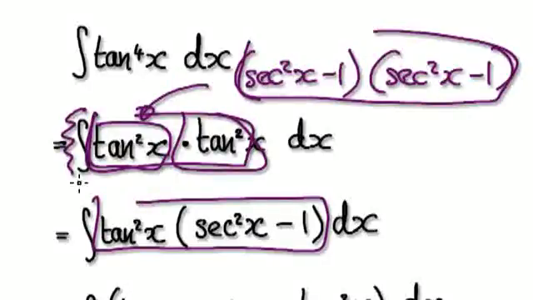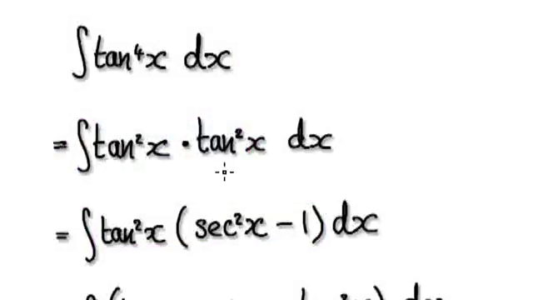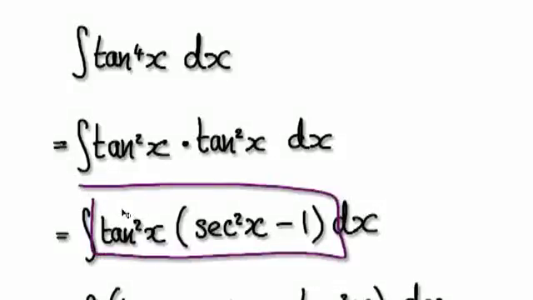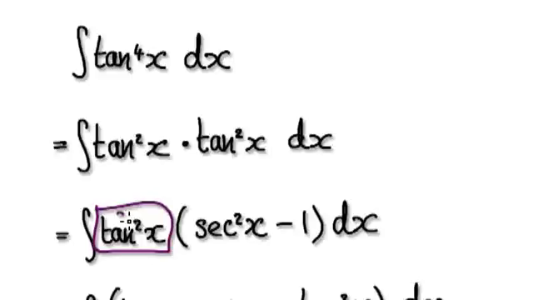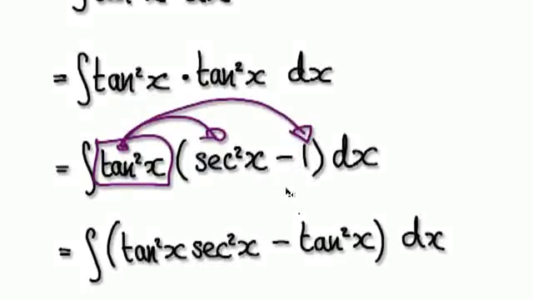How is it that we know that we should take this route as opposed to this route? Well, it's through trial and error. After a while, you build up your experience, and then you get a gut instinct on what to do. But at the moment, if you take this route here, where you imagine this as tan squared, then for some reason it works out, and it's through experience. So for the time being, just take my word for it.